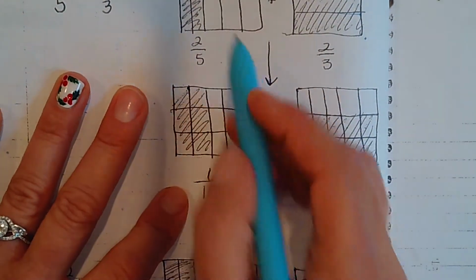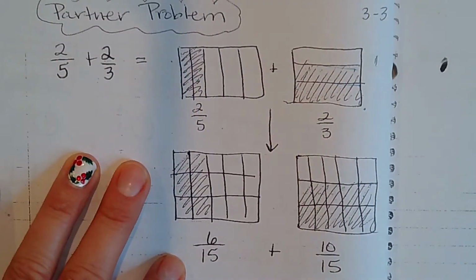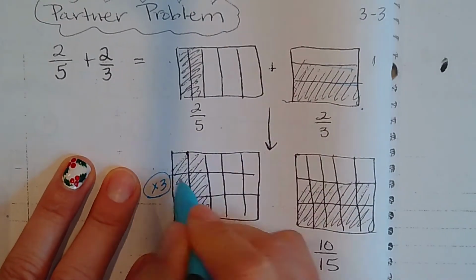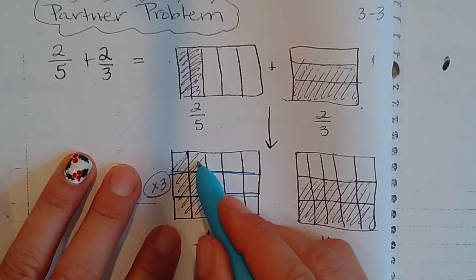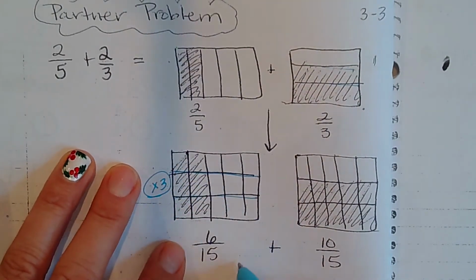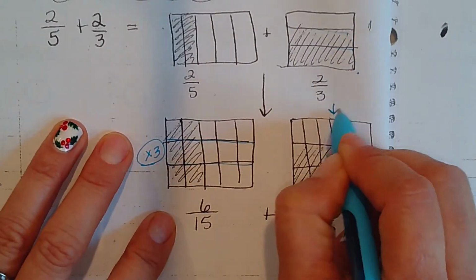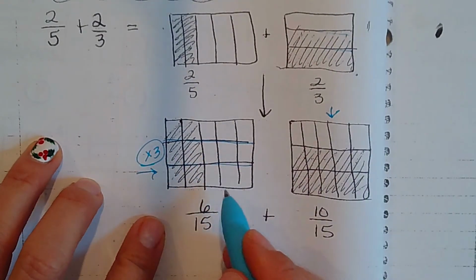All right, so now I'm going to take this original, and I'm going to multiply it by 3. So I'm going to multiply this side by 3 and cut it in 3. And now I have 1, 2, 3, 4, 5, 6. I have 6 out of 15 total. Now over here, I just multiplied going this way and divided it up.